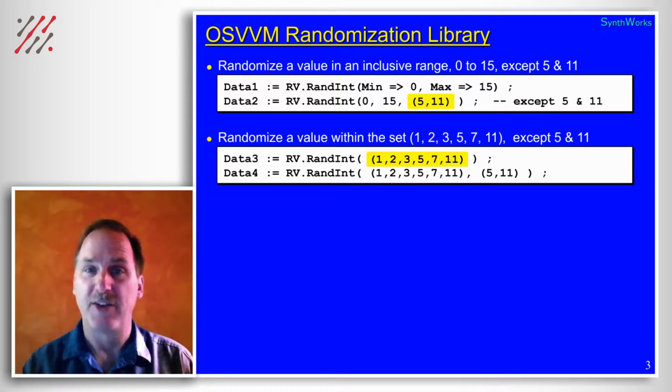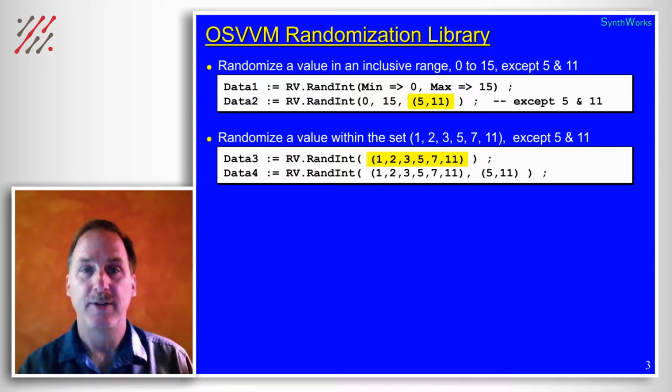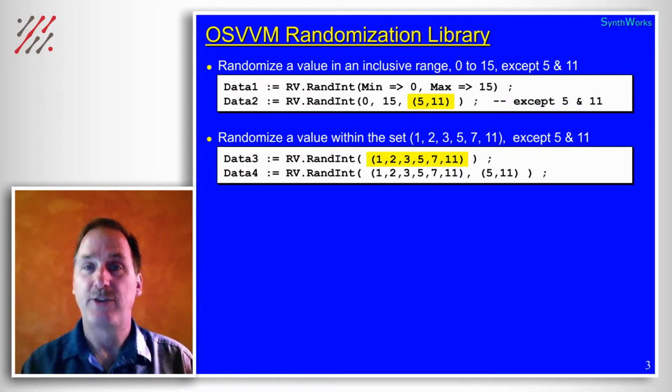And again, here we represent a set as a single integer vector parameter being passed in. And then a set with exclude values. Now, exclude values with a set, when it's just static values like this, doesn't make a lot of sense. But when we're saying randomize the set except exclude the last two values that were generated, that makes a lot of sense.